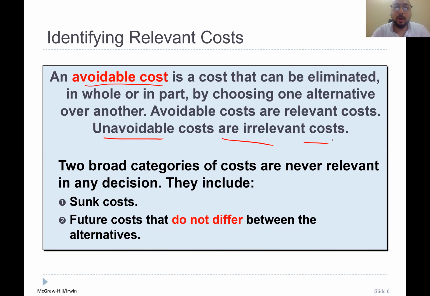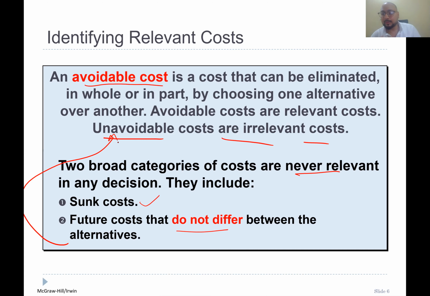So there are two broad categories of cost that are never relevant in any decisions. Number one, sunk cost, and number two, all the future costs that do not differ between the alternatives, or the unavoidable costs. Simple. So now you understand what we are trying to do here. We are segregating cost based on decision making.